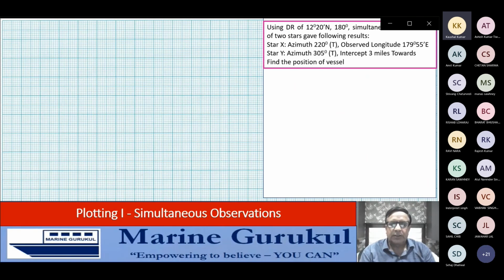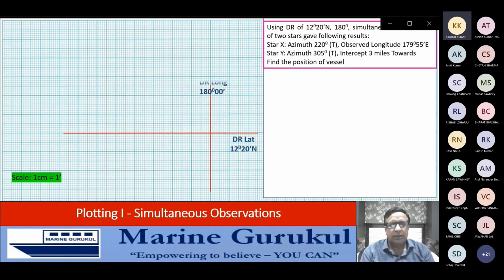Therefore, for star X, the PL shall be drawn through DR lat and observed long. The direction of the PL shall be perpendicular to the azimuth. Star Y, which gives us intercept, is solved by the intercept method. The PL shall be drawn through the ITP, intercept terminal point or intercept terminus point, and the direction shall be perpendicular to azimuth. Having identified the methods deployed and the positions through which to draw the PL, we can proceed further.